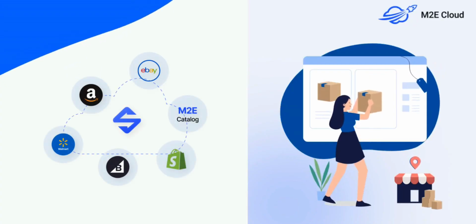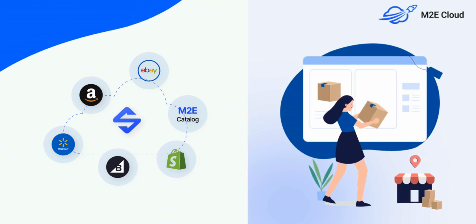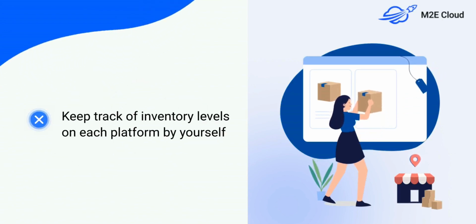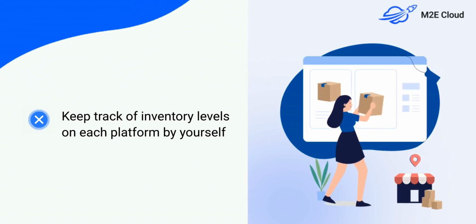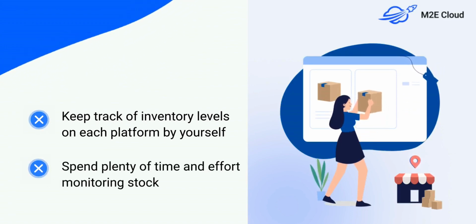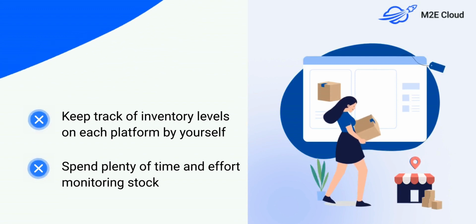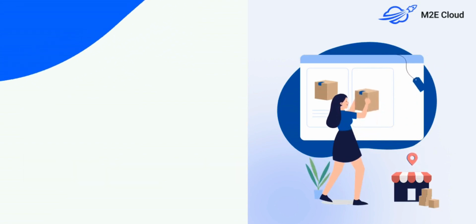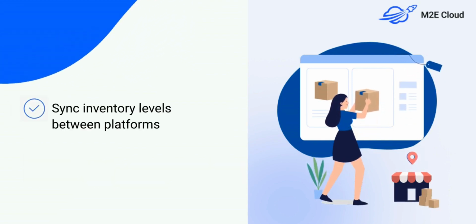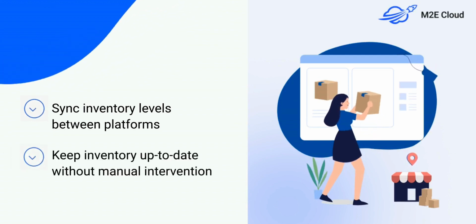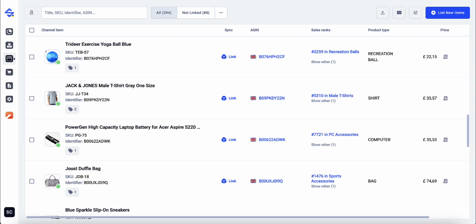Imagine selling your products on multiple sales channels simultaneously. It can be a nightmare trying to keep track of inventory levels on each platform, which will take plenty of your time and effort. That's where an inventory management system can be a game changer. You can instantly and easily sync products so their quantity is always accurate and up to date across all your platforms.